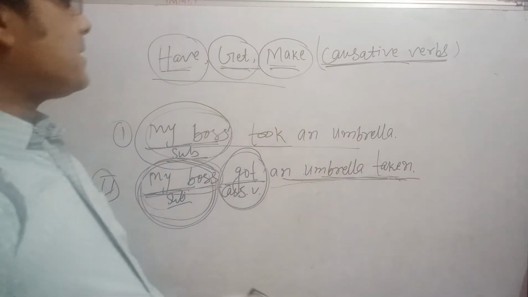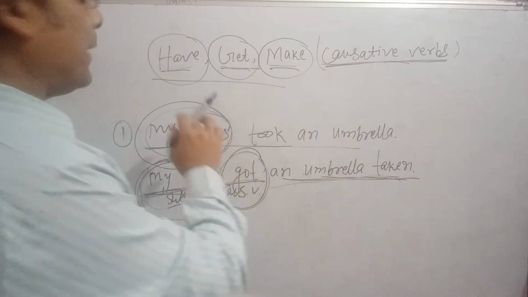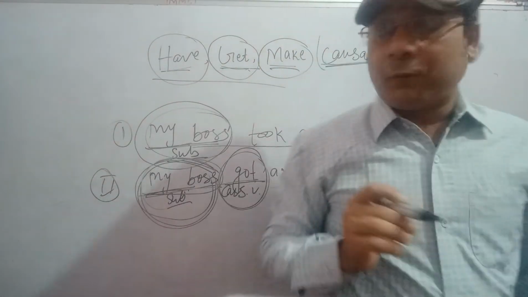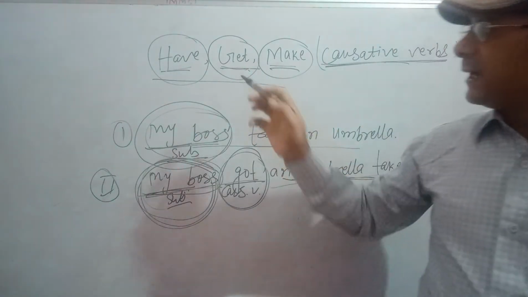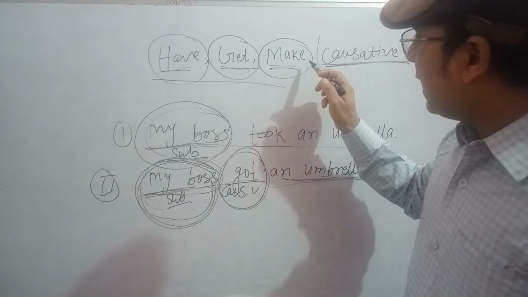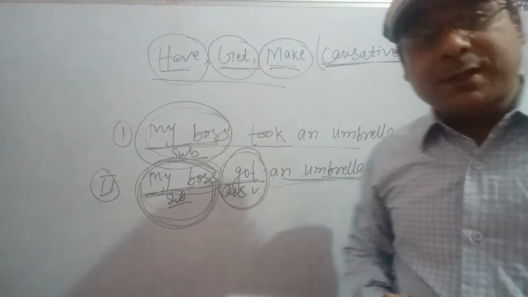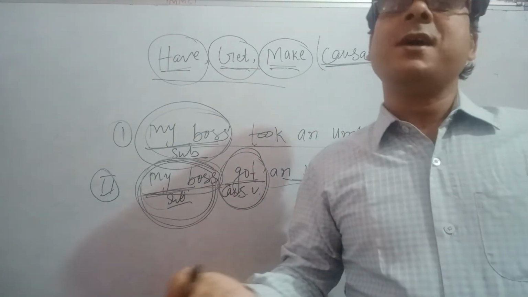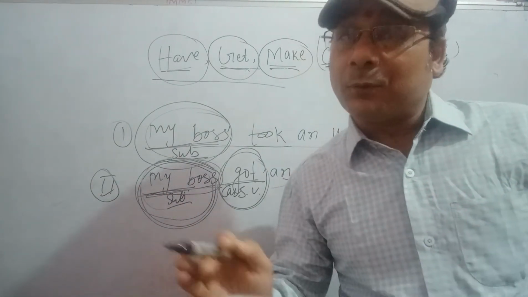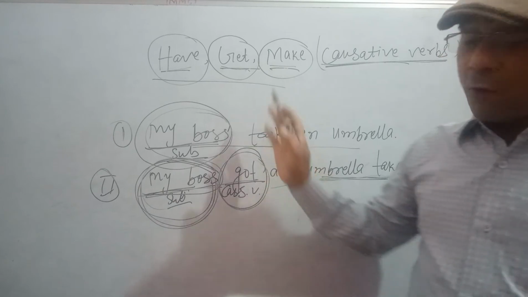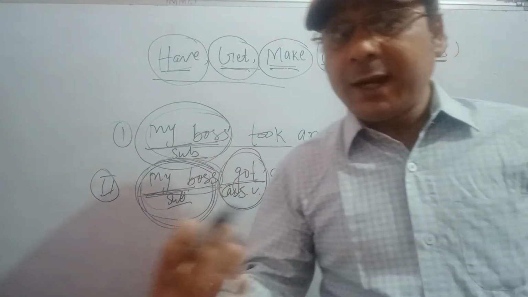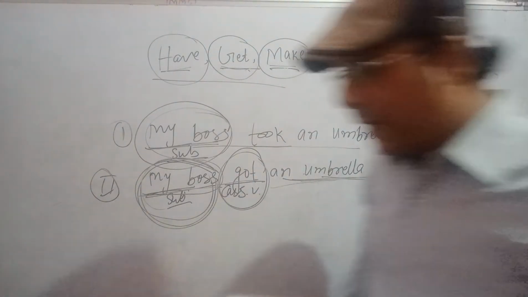So my dear students, till now we came to know that have, get, make are used as causative verbs while the subject of the sentence doesn't work. The work of that particular sentence is done by someone else.